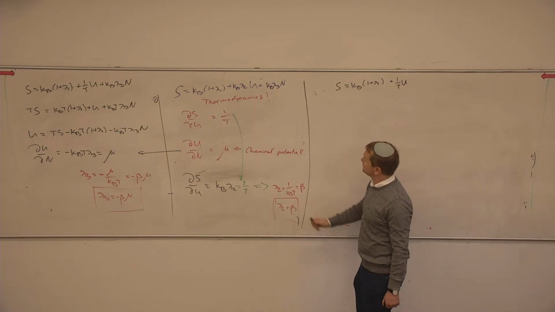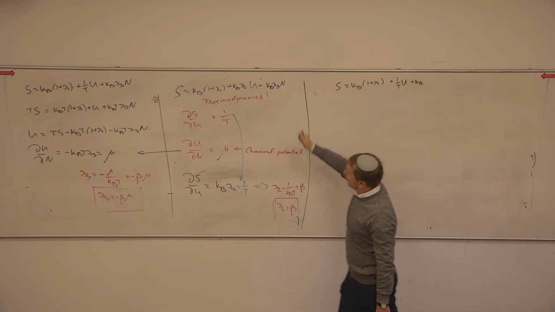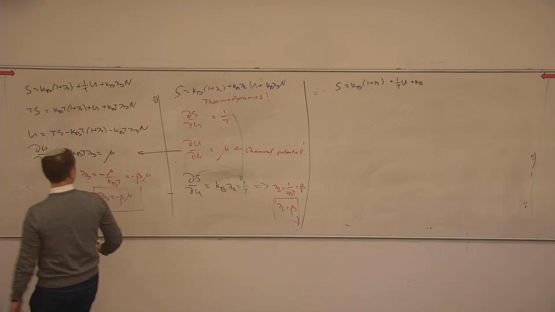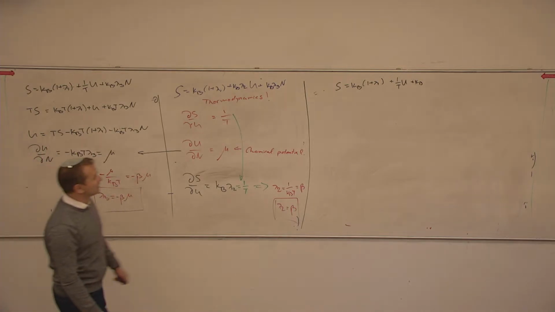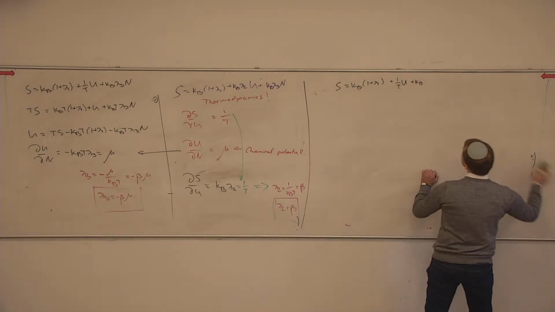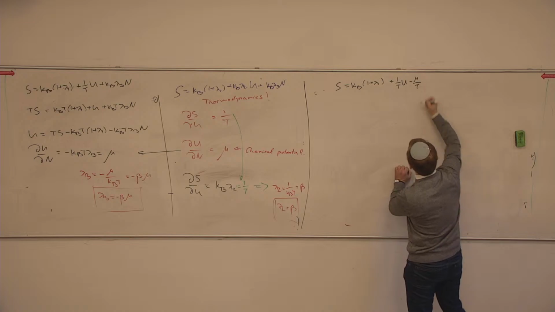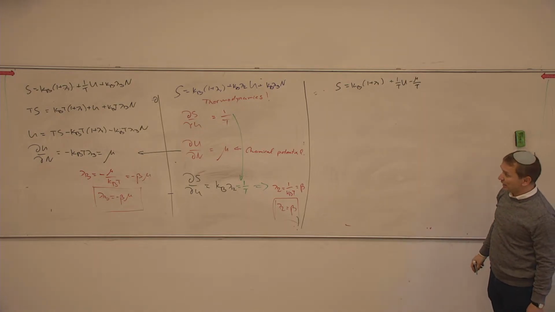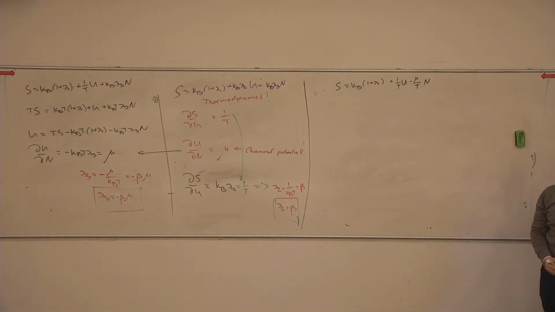Plus k Boltzmann lambda 3, which is minus mu divided by k Boltzmann T, so it's just minus mu divided by T multiplied by N. Right?